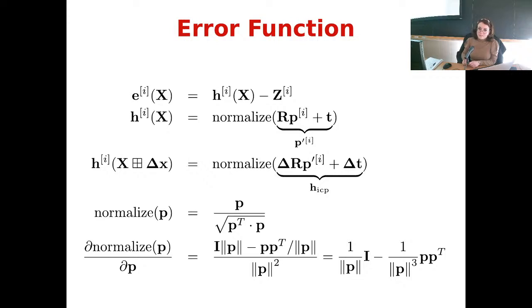Dimensions. 3 by what? What's the size of the domain of the normalized? What's the size of the codomain? 3 by 3. Yes. 3 by 3.